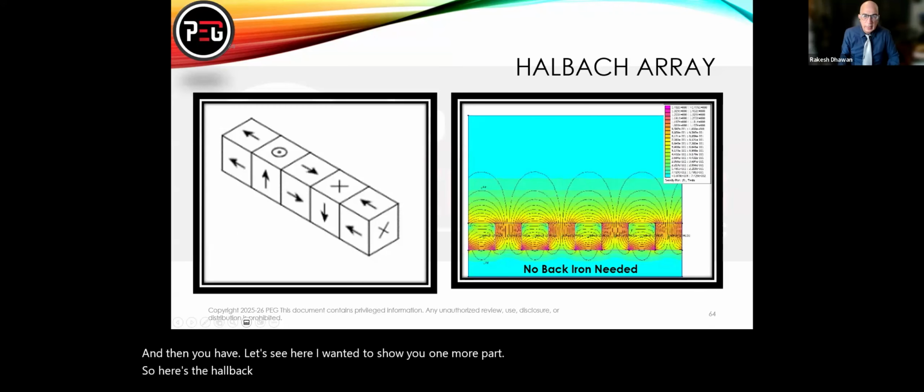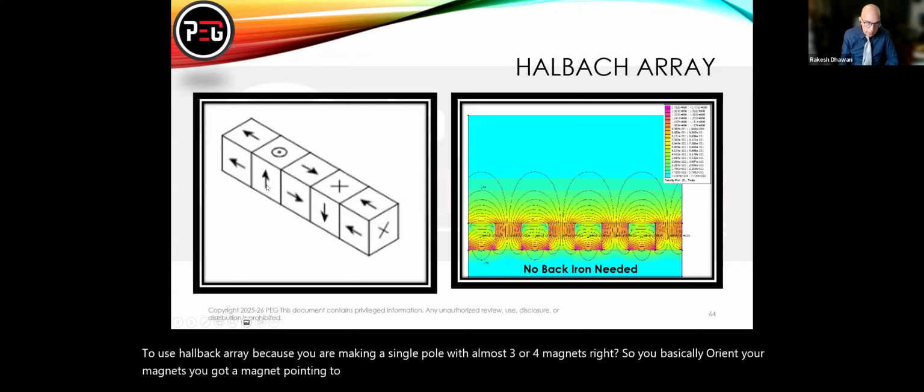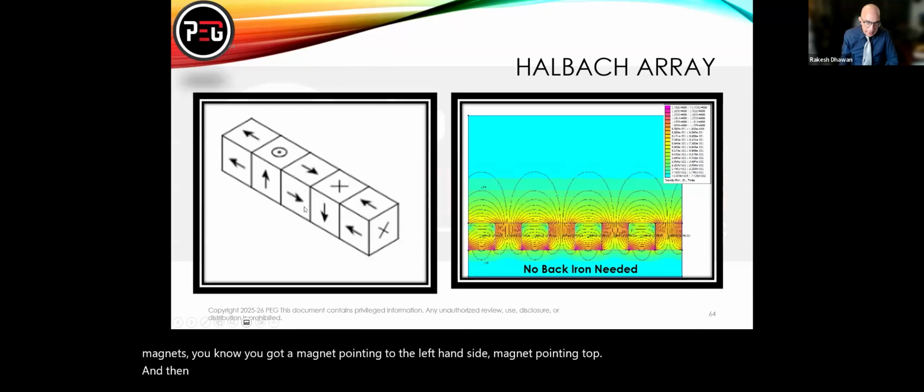Now it's more complicated to use a Halbach array because you are making a single pole with almost 3 or 4 magnets, right? So you basically orient your magnets. You got a magnet pointing to the left-hand side, a magnet pointing top, and then a magnet pointing right, and then a magnet pointing down, right?